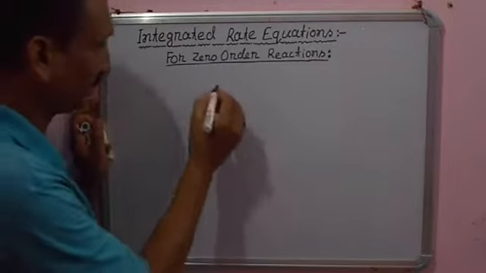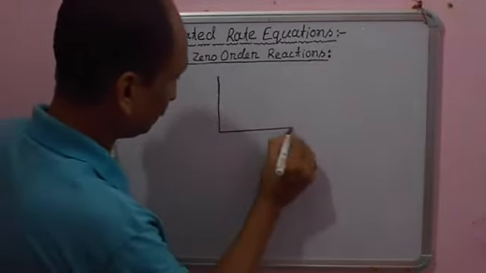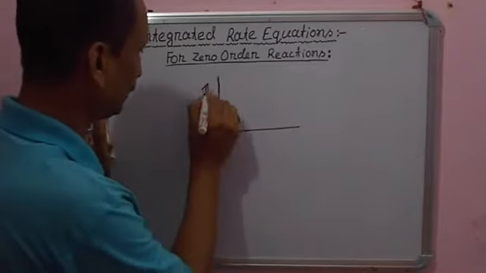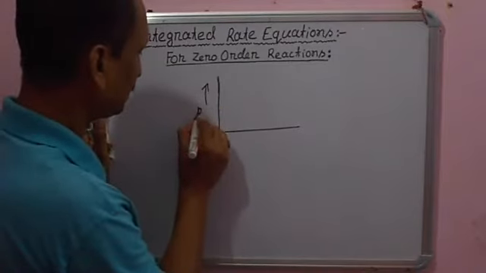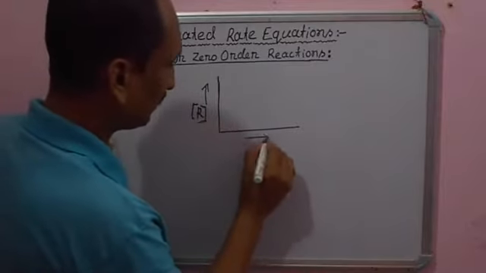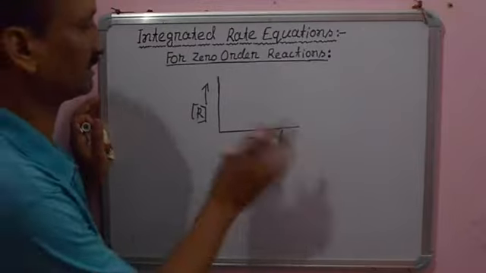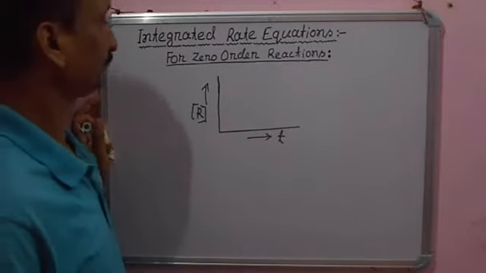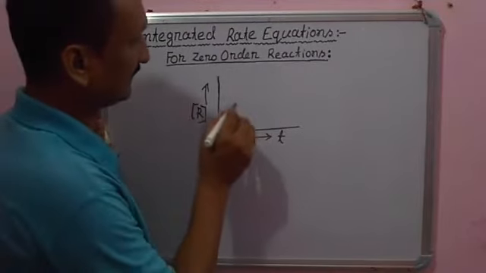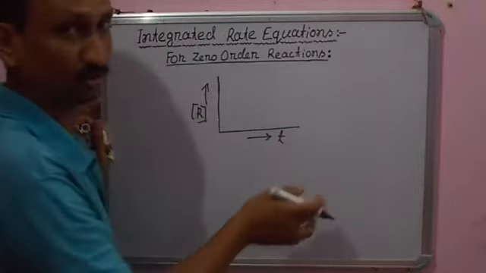You see that plot: along the y-axis we take concentration and along the x-axis we take time, that is [R] versus time. Then we get a straight line with negative slope.